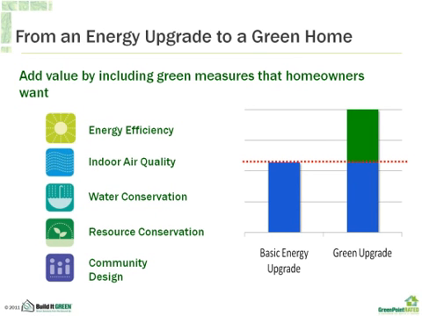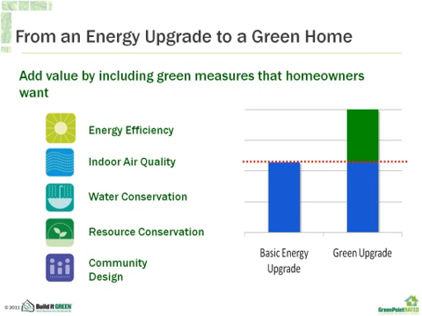So if the house is getting painted, putting in low VOC paints. We're looking at water conservation, changing out systems, simple things, even changing out the faucets to low flow. Some resource conservation. Some simple things can be added to the house at the same time you're doing energy upgrades to make it a green house and actually earn the green label.